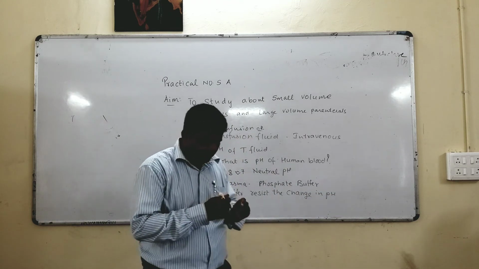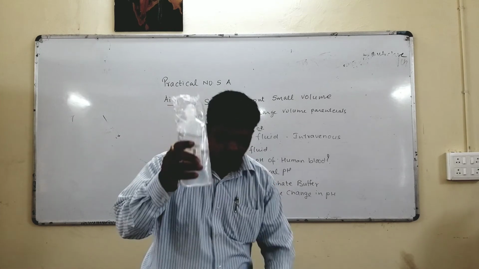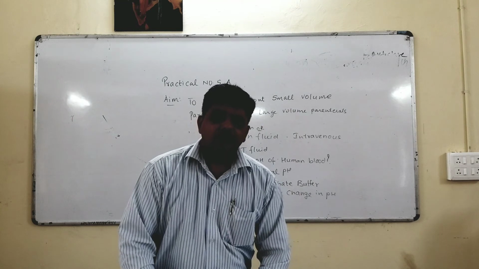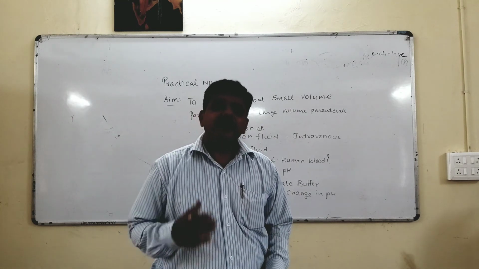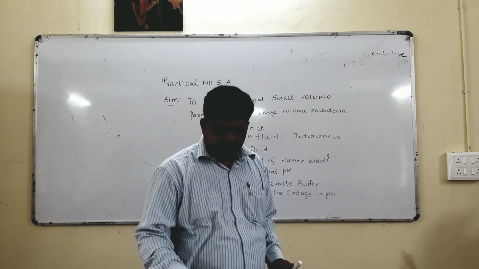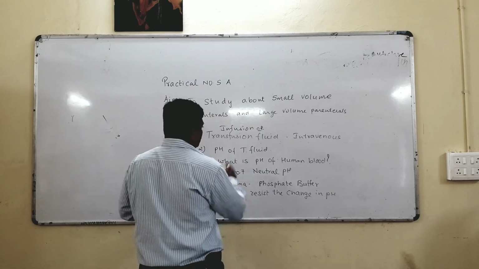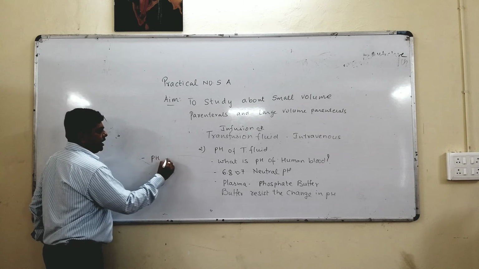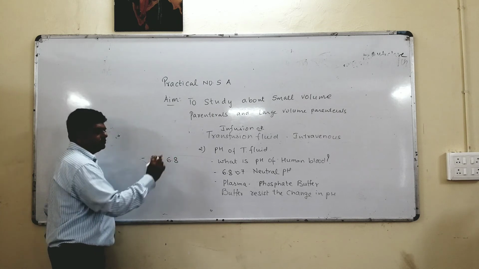But when you inject such a large volume parenteral, the buffer has limited capacity, and that's why the transfusion fluid must have a pH around 6.8.